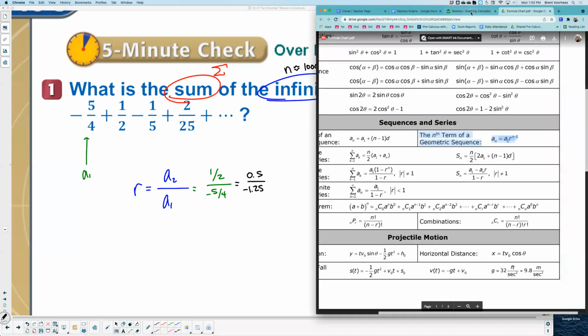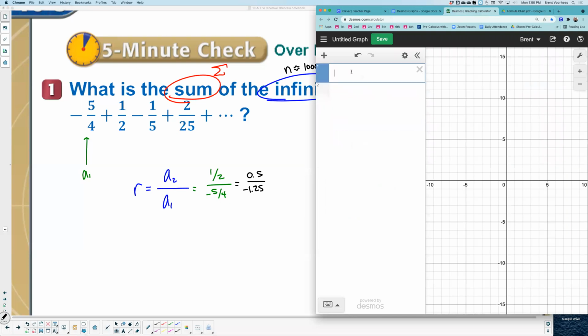So I'll go over to Desmos. I'm just going to use a blank one here. And so you could do division, then 1/2 divided by negative 5 over 4. But if you're afraid you might mess that up, just use the decimals. So 0.5 divided by negative 1.25, and you'll see the number is the same. We could do the decimal, or we could use the fraction.